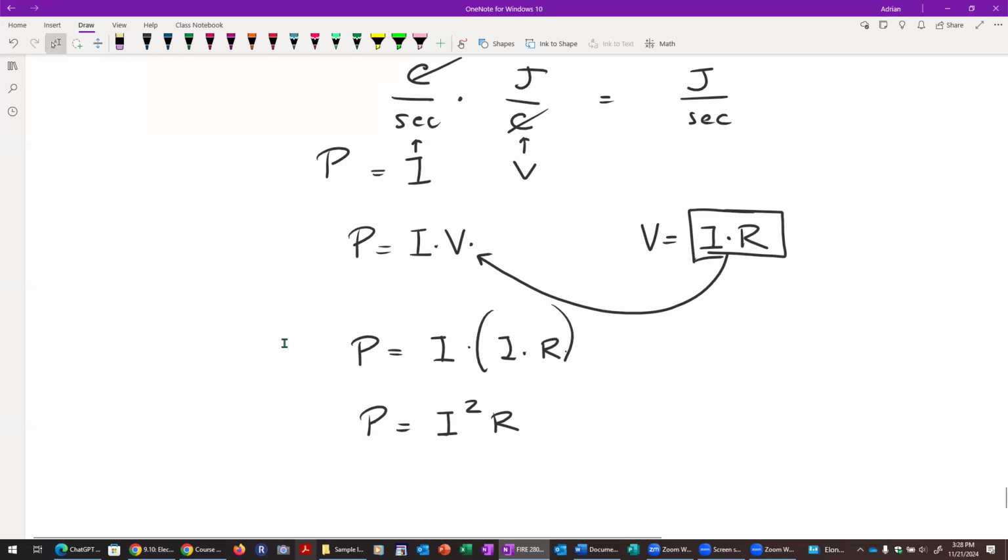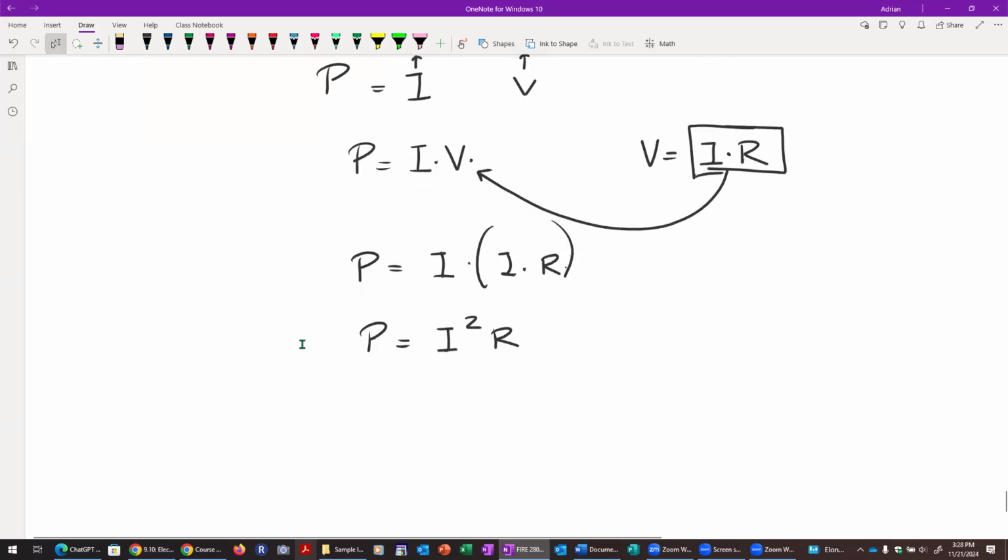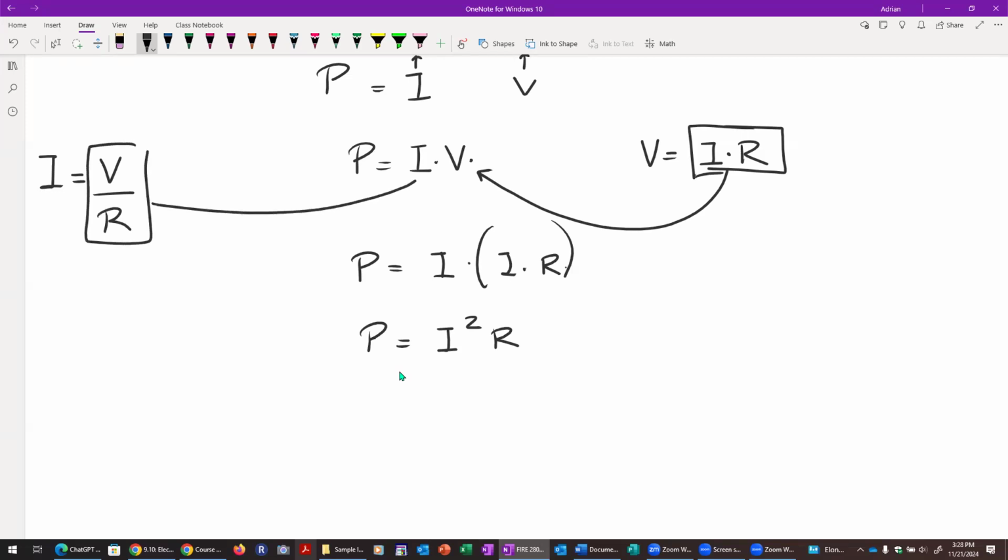So that's a new expression for power. We also know that the voltage, I'm sorry, that the current I is equal to V over R. So if I take this expression for I and I substitute it in here for I, okay, then I end up with a slightly different expression as well.